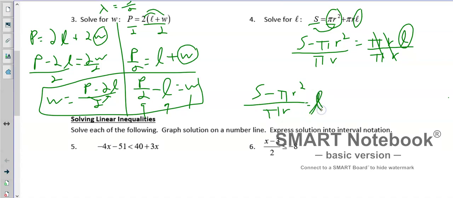But just like on number 3, we could break it up and have S over pi r, and I've seen people do this, minus pi r squared over pi r equals L. And what happens is the pi's cancel, one of the r's cancel, and that gives us S over pi r minus just r equals L. And again, this is a correct answer.